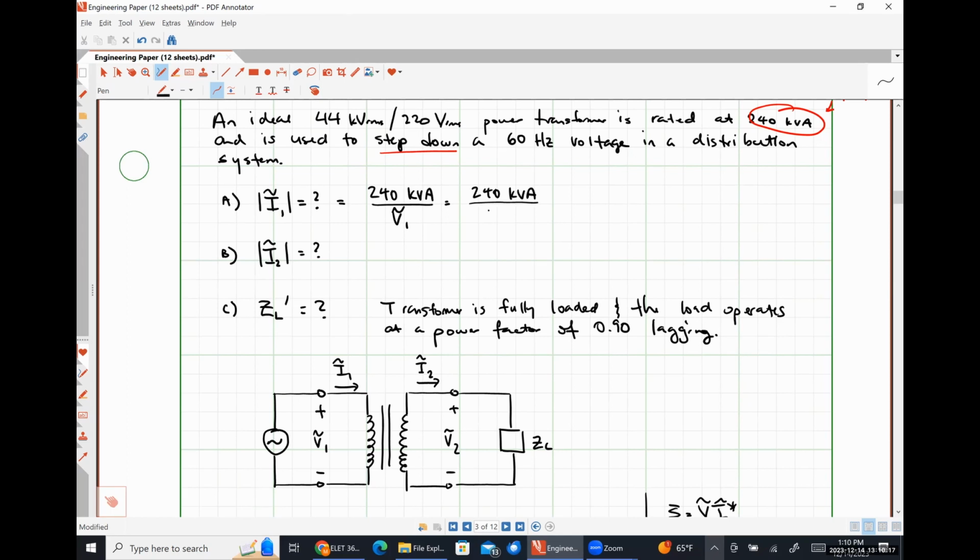So this is going to be 44 kilovolts RMS. Putting this into my calculator, 240 divided by 44, I get 60 over 11 or 5.455 amps RMS.